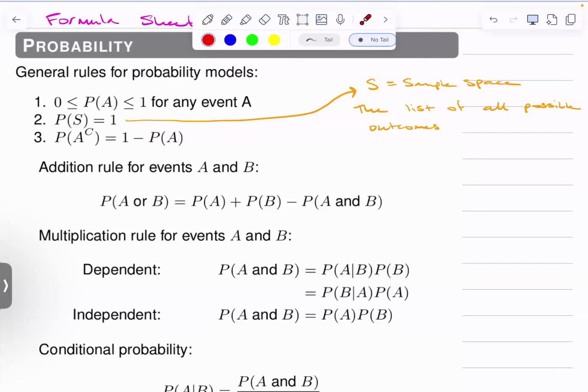Even though we don't know what outcome will happen if I toss a coin, I know that I can either get heads or I can get tails, and those are my two outcomes, and the total probability has to be 1. If I toss a coin, one of those things has to happen. So there's a 100% chance of one of those things happening from your sample space. These are going to come up way, way later, but I think it's nice to get them off our plate here.